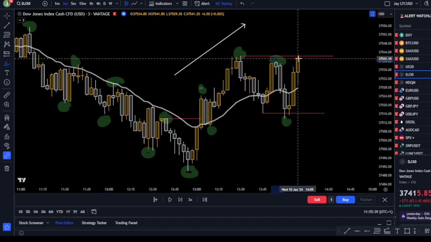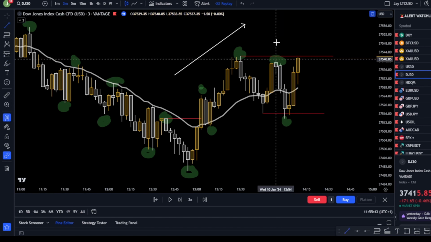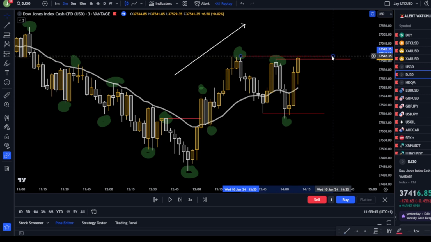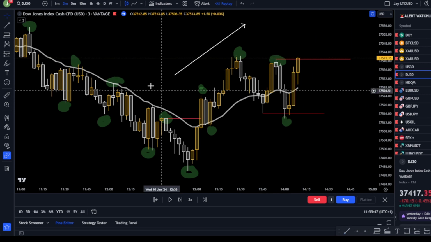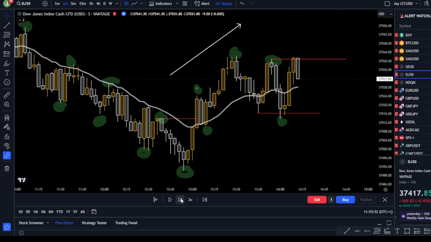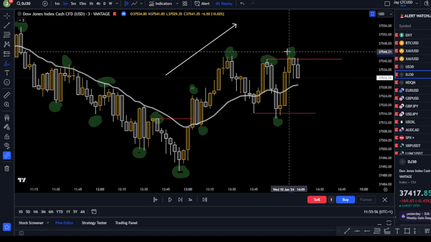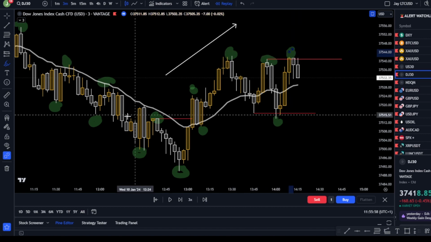What happens here? Changing character again, and this is how it goes sometimes. Market can shift back and forth sometimes. Changing character. Now this low has created a higher high. And therefore, this is a new higher high now. We're back in an uptrend.